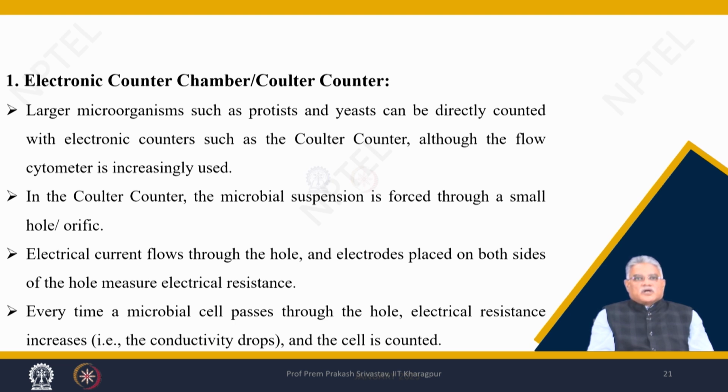In the Coulter counter, the microbial suspension is forced through a small hole or orifice. Electrical current flows through the hole. The electrodes placed on both sides of the hole measure electrical resistance. Every time a microbial cell passes through the hole, electrical resistance increases, that is, the conductivity drops and the cell is counted.